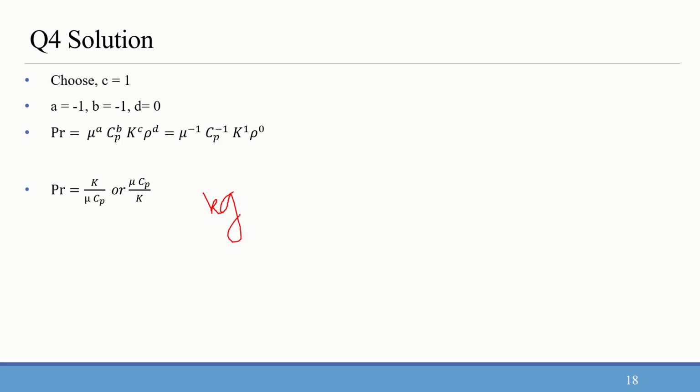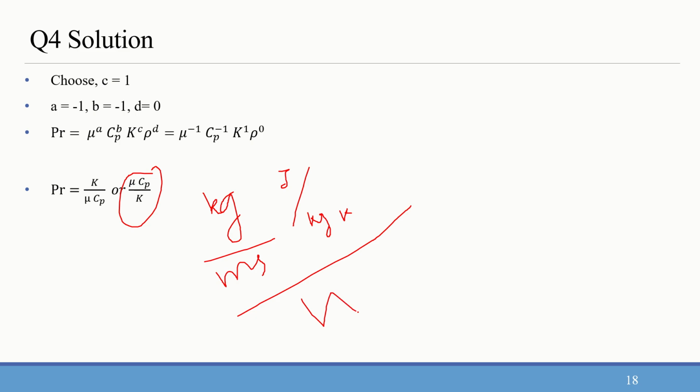Kg, I am taking for this particular format. So it is kg by meter second and it is joules per kg Kelvin. And this one is watt by meter Kelvin.